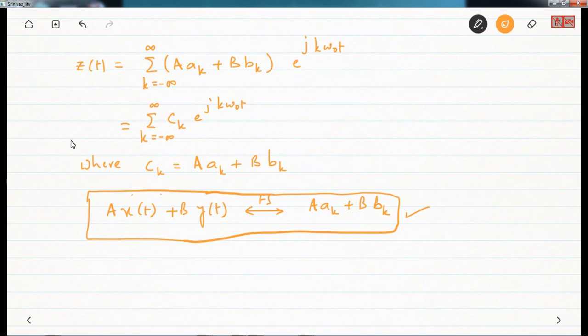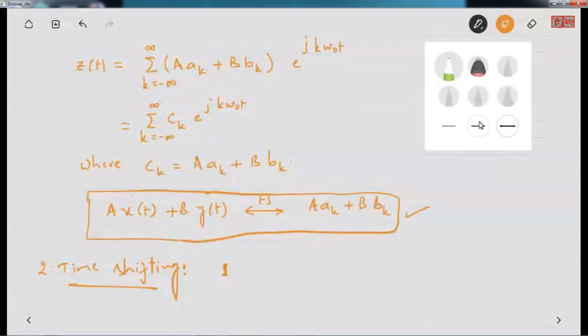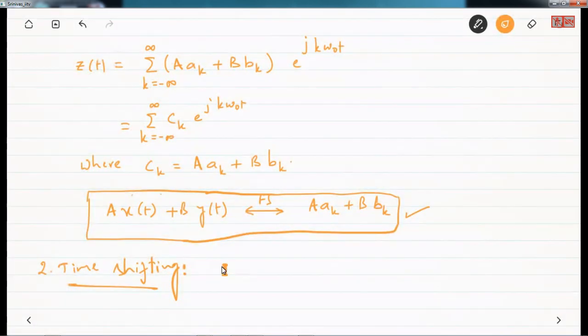So the second property is time shifting. If x of t's Fourier series coefficients are ak, what will be the Fourier series coefficients of x of t minus t naught?